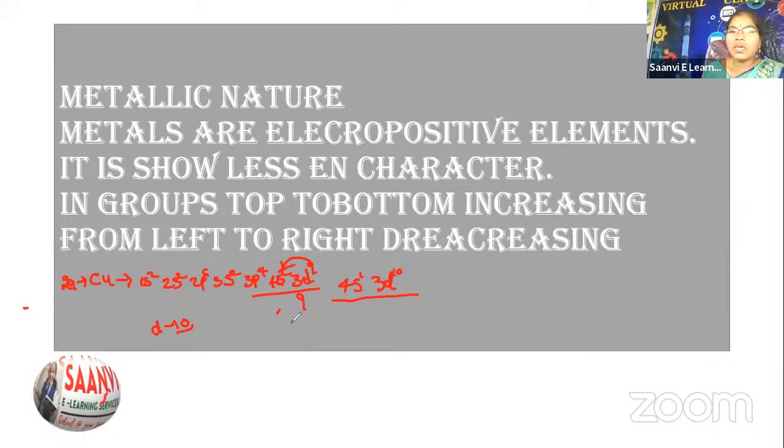These metals are electropositive and show less electronegativity. In the groups, it increases from top to bottom, and in the periods, it decreases from left to right. This is about the metals.